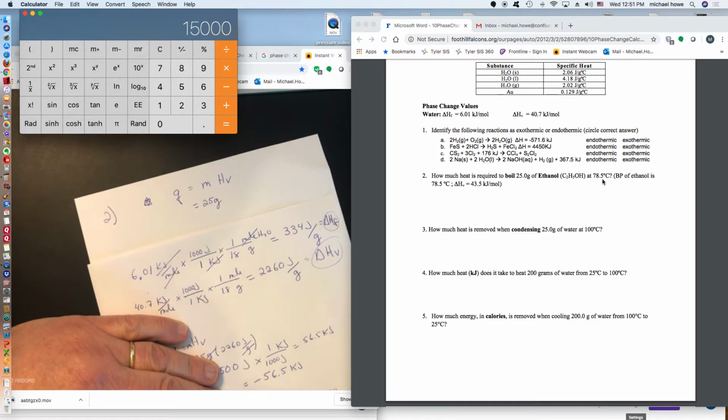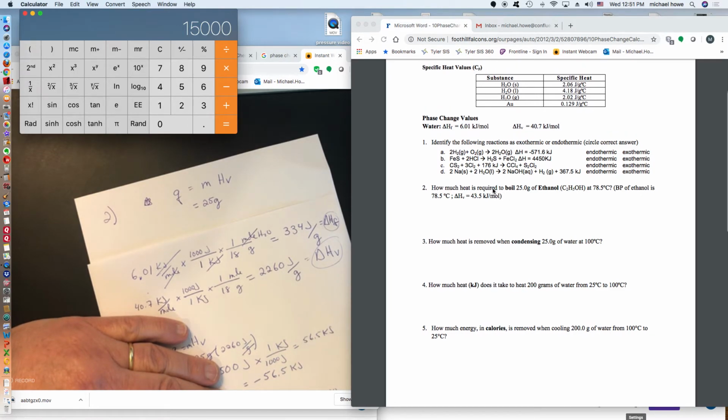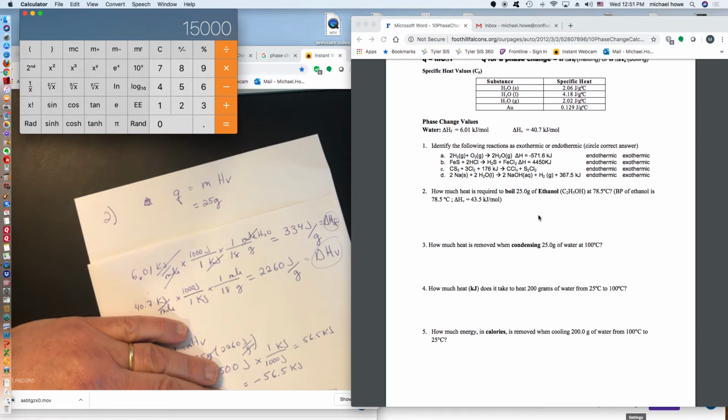Then the 78.5 is not relevant, except that it tells us what temperature, so we know we're at the boiling point. The heat of vaporization is 43.5 kilojoules per mole. It doesn't ask us how much heat; we could give it in kilojoules or in joules. We'll do it in joules.